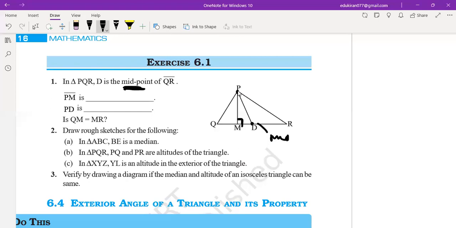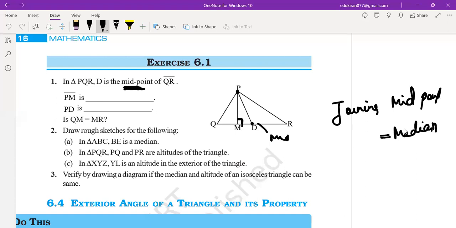If any line is coming from a vertex and joining the midpoint, that will be a median. Clear? Read the definition of median. So this will be your altitude, and this will be your median. Okay. Now is QM.